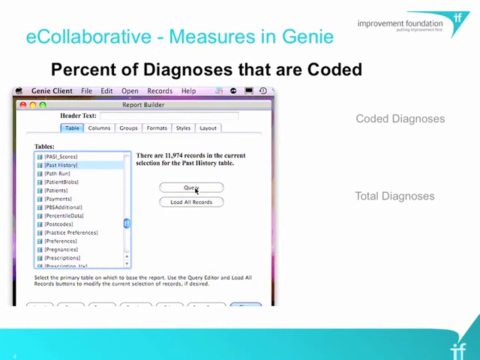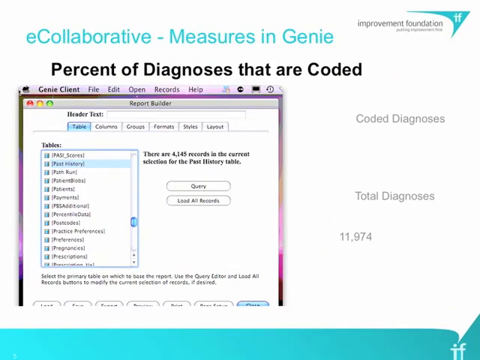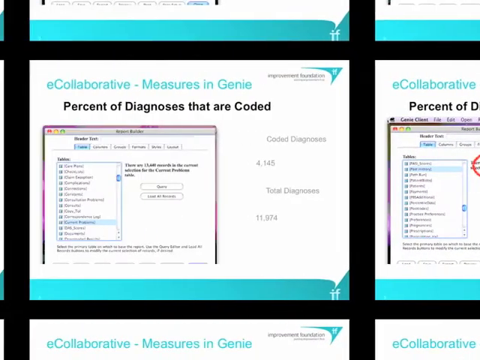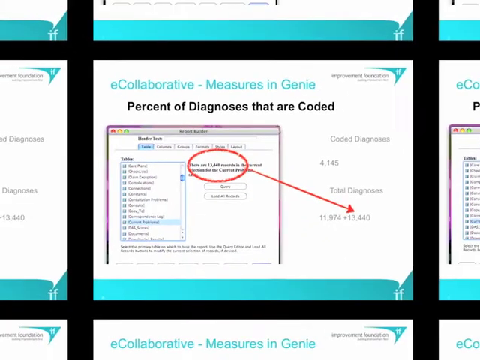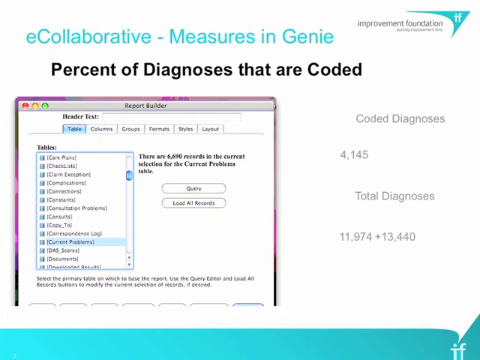We looked at the past history table and found there are 11,974 diagnoses entered for the active patients, of which 4,145 had a code attached. The current problems, again, 13,444 diagnoses for active patients, of which 6,690 had a code.